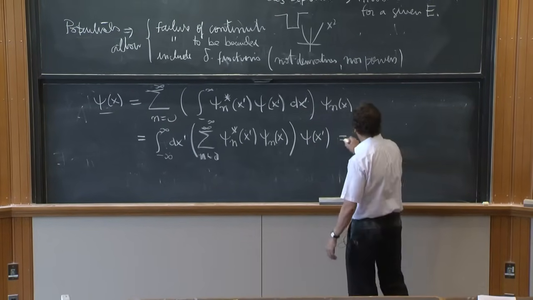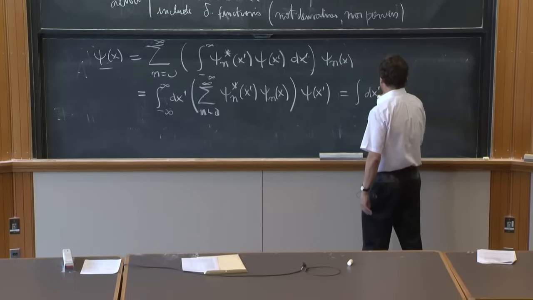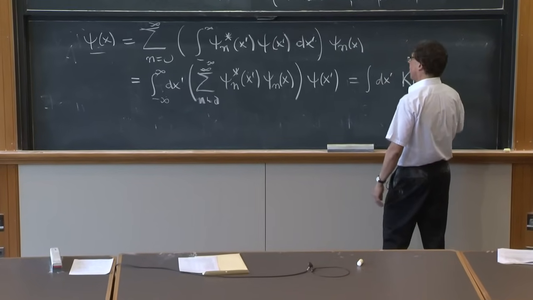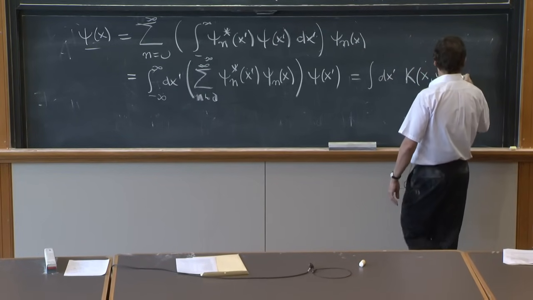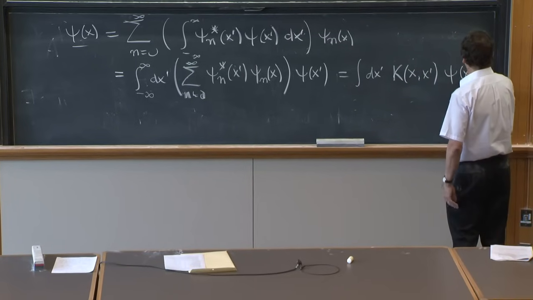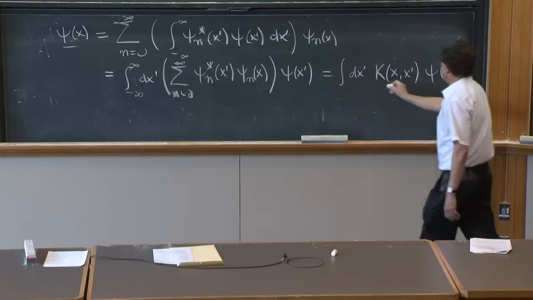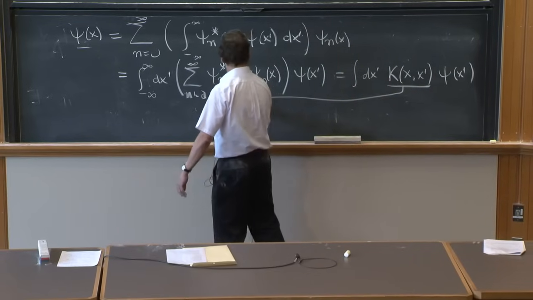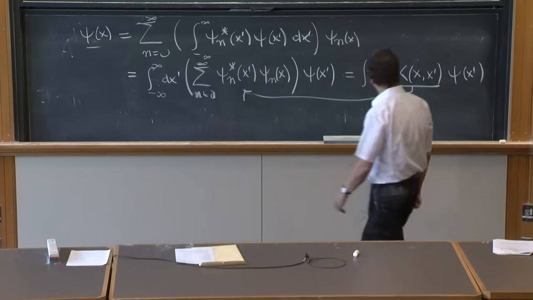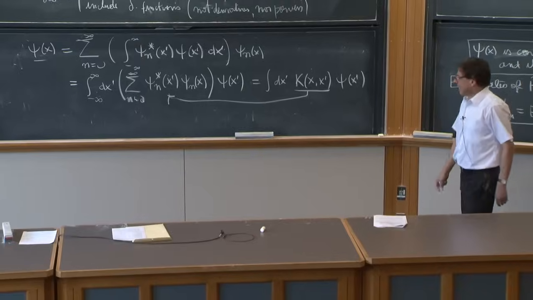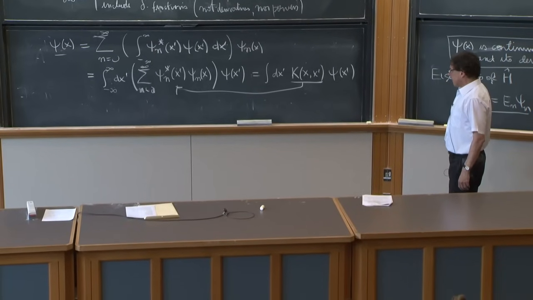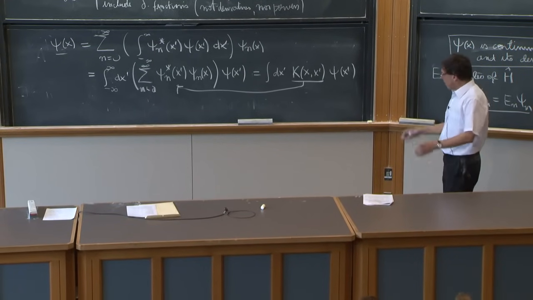This is of the form, if you wish, dx prime, some function k of x and x prime, times psi of x prime. So this k is this thing.